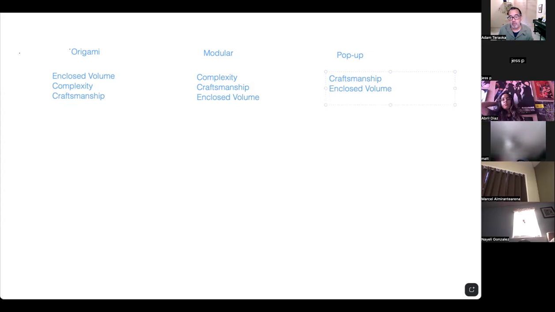And then complexity is last on this one because it's a moving project. Complexity isn't as important because it's already kind of a complex movement. It's a compound. It goes from 2D to 3D. So if you get craftsmanship and enclosed volume in there, the complexity, as long as it's done clean, then it's fine with me.